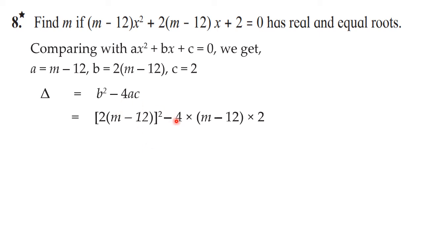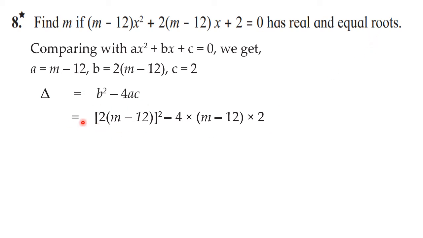Then minus 4 as it is, into the value of a, which is minus m minus 12, and the value of c is 2. Now either you can simplify delta here and then write equal to 0, or at this stage only you can write that since the equation has real and equal roots, delta is equal to 0.